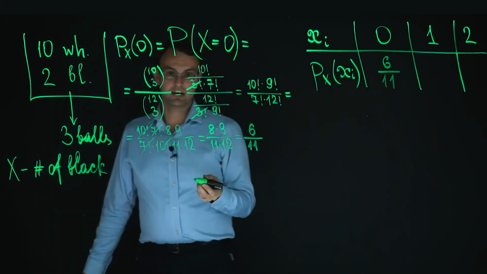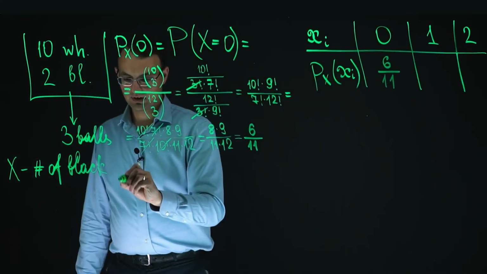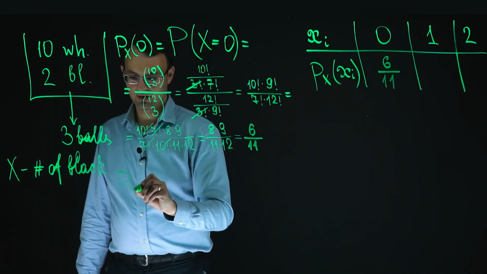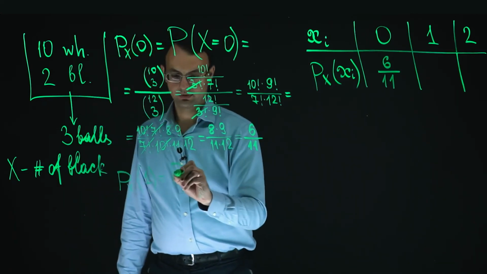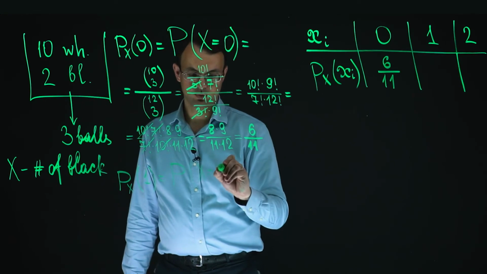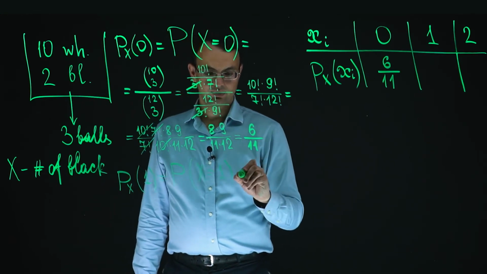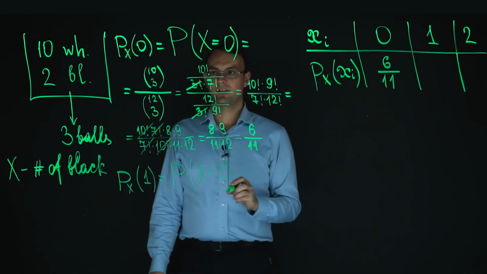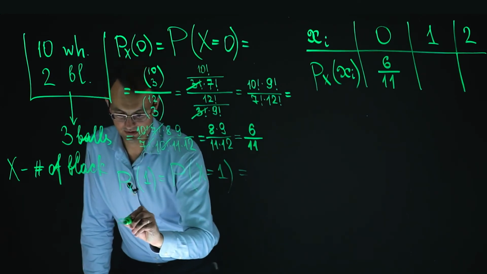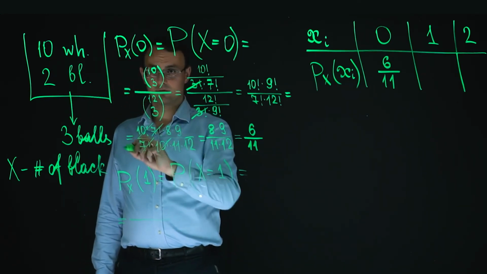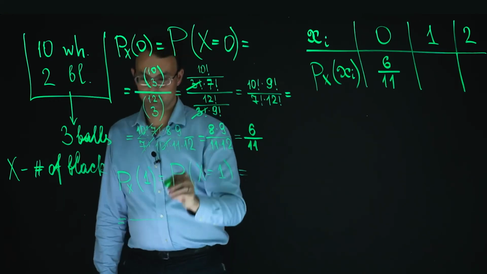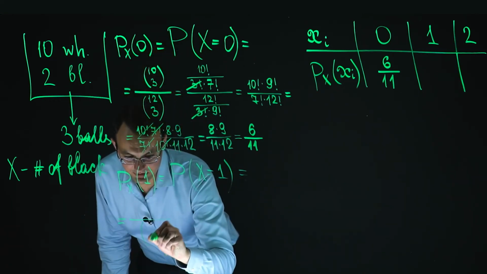Then, the second one can be found in a similar manner. So P_X of 1, or the probability that X is 1. In this case, the denominator is the same, as we have the same experiment.